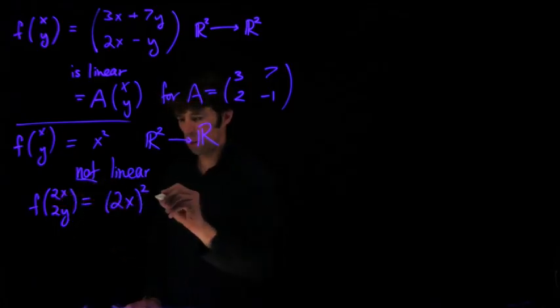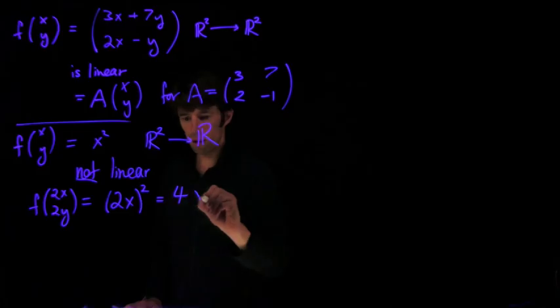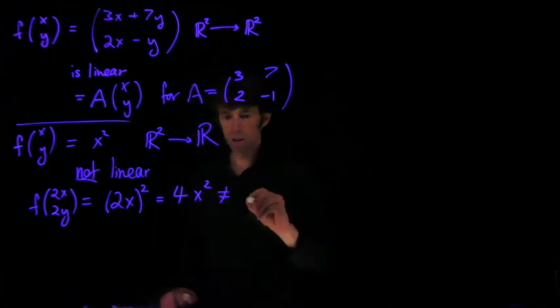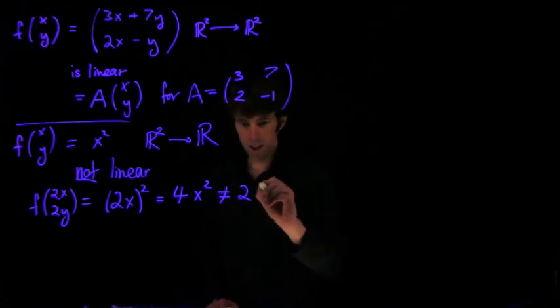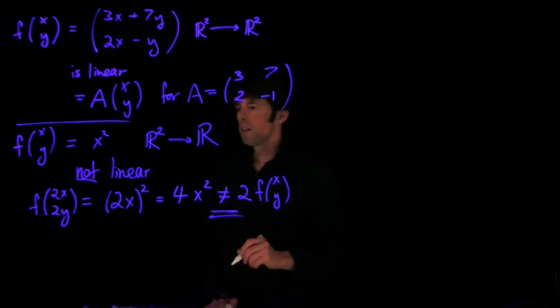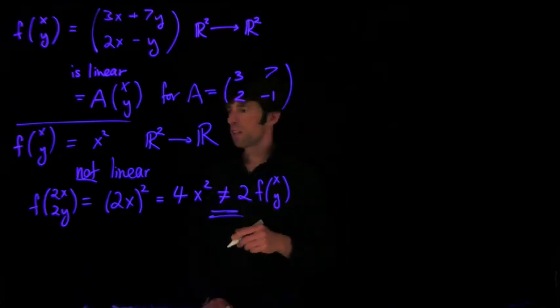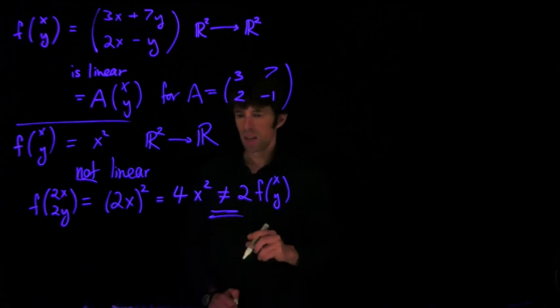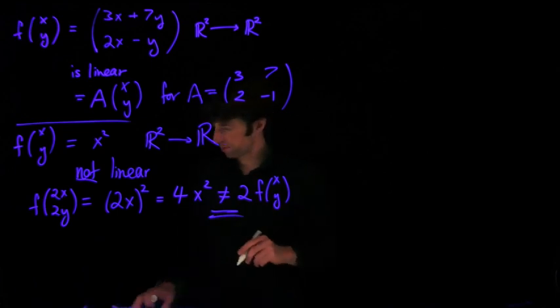So I get (2x) squared, which is 4 times x squared, which is not equal to 2 times f of (x, y). So because that's not equal, we have not preserved this linear combination, which is 2 times the vector (x, y). So this is not a linear map.